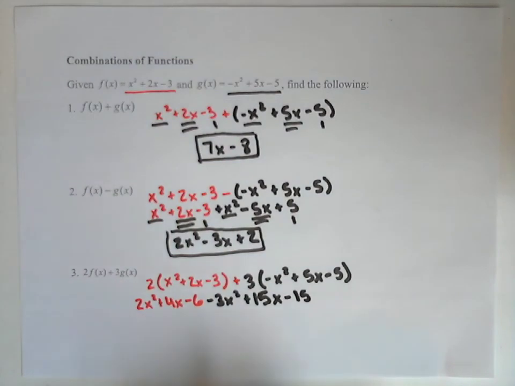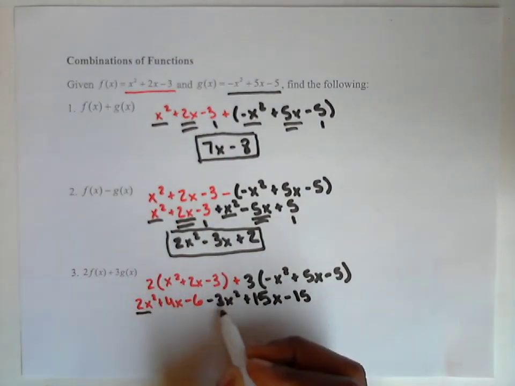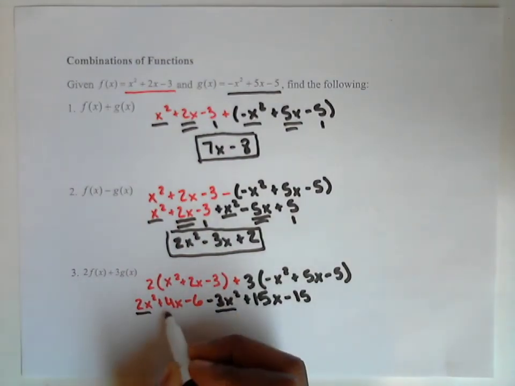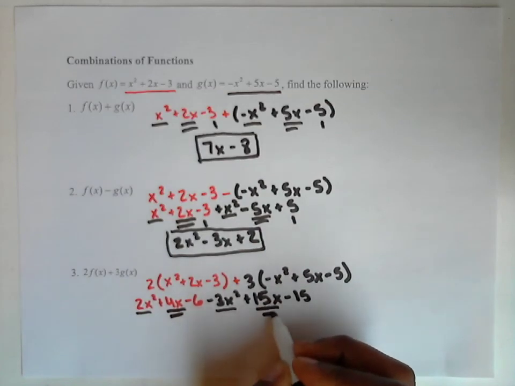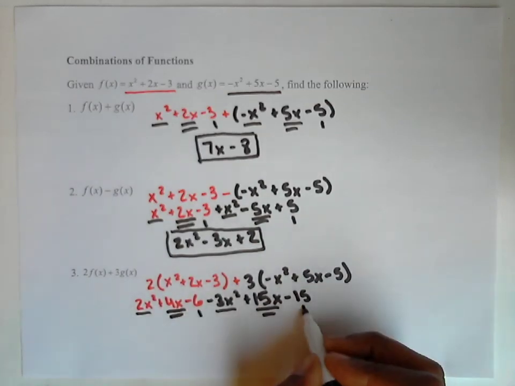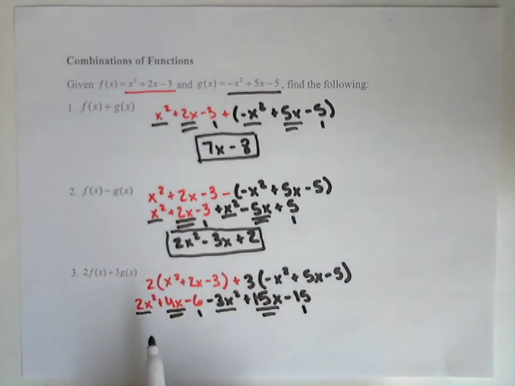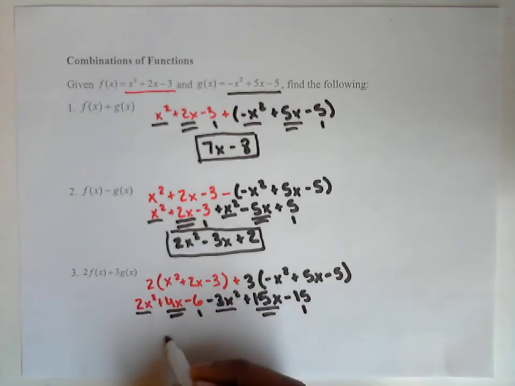At this point I can locate my like terms, my x squared values, my x values, and my constants. When I combine those, I've got a 2x squared and a negative 3x squared, so I'm going to get negative x squared.